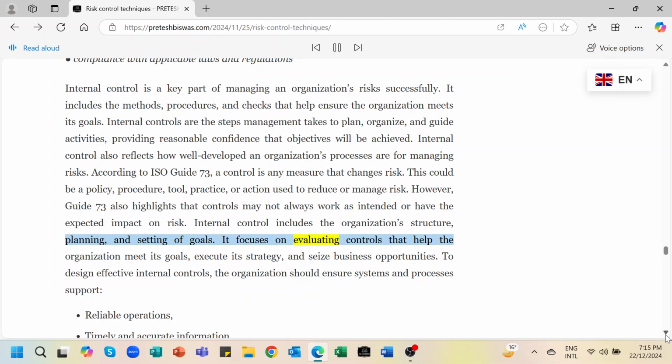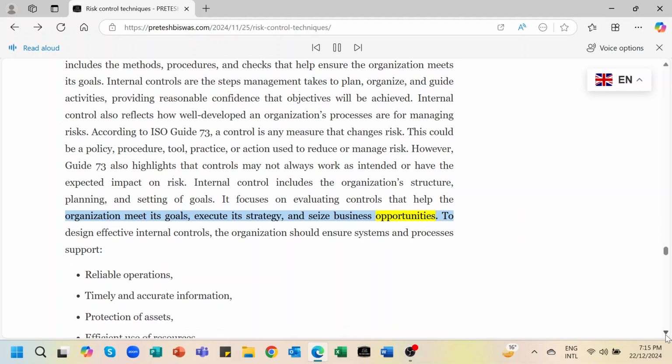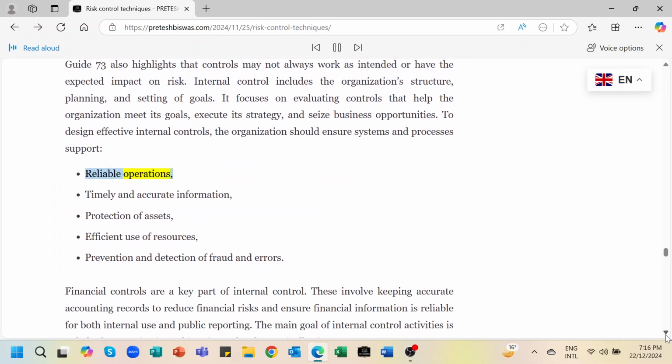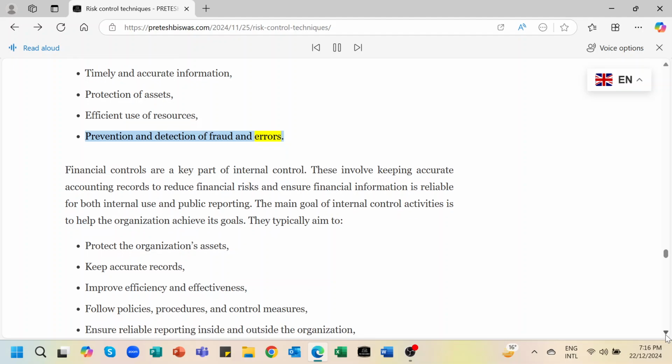It focuses on evaluating controls that help the organization meet its goals, execute its strategy, and seize business opportunities. To design effective internal controls, the organization should ensure systems and processes support reliable operations, timely and accurate information, protection of assets, efficient use of resources, and prevention and detection of fraud and errors.